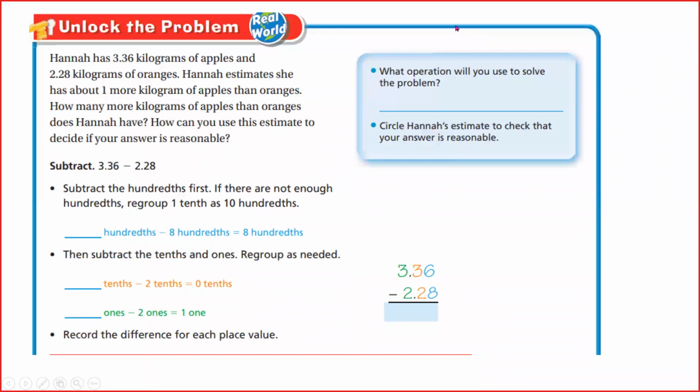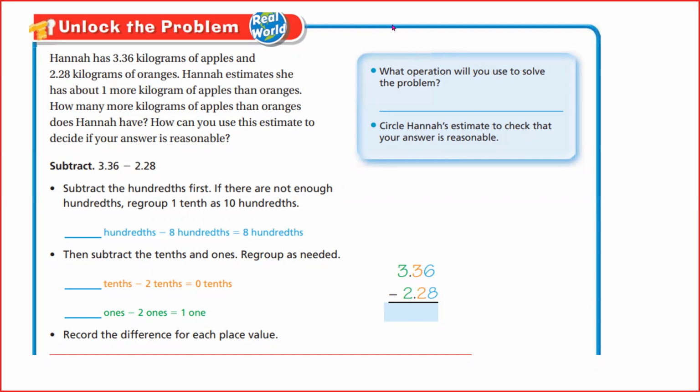On your book, here we have a problem. Let's unlock the problem. Hannah has 3.36 kilograms of apples and 2.28 kilograms of oranges. Hannah estimates that she has about 1 more kilogram of apples than oranges. What's the question?